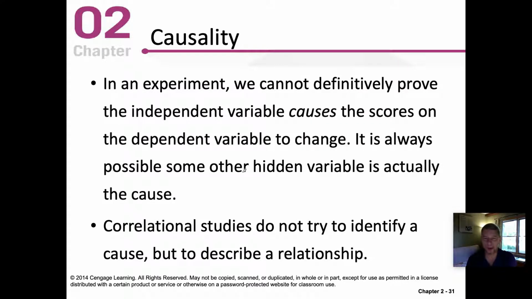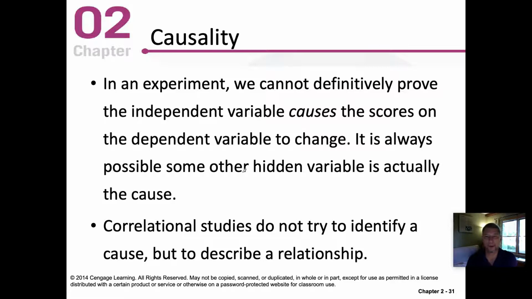In an experiment, we try to show that the independent variable causes a change in the dependent variable. In a correlational study, we don't try to prove that; what we do try to do is show that there's a relationship between those two.